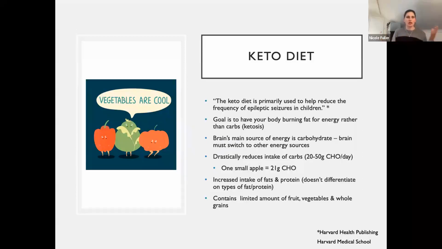As long as you're eating protein and fat and not carbohydrates, you're doing it correctly. This diet is very limited in, obviously, fruit, vegetables, and whole grains, because all of those are carbohydrate-containing foods.